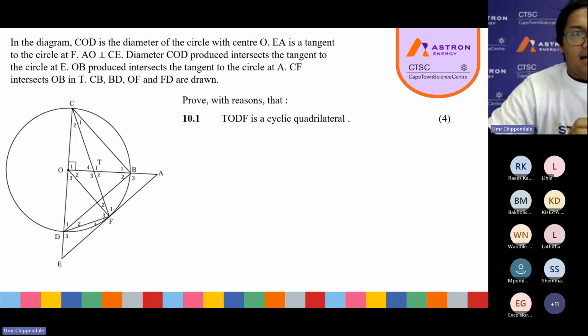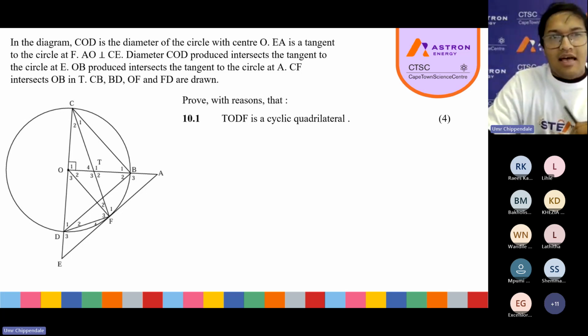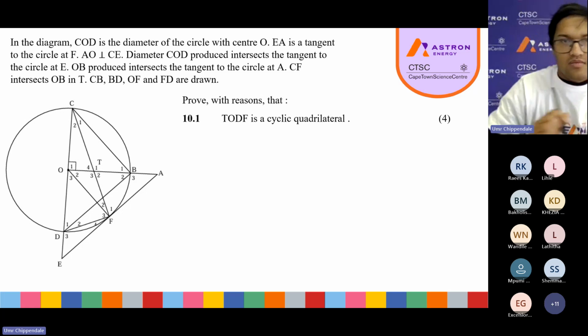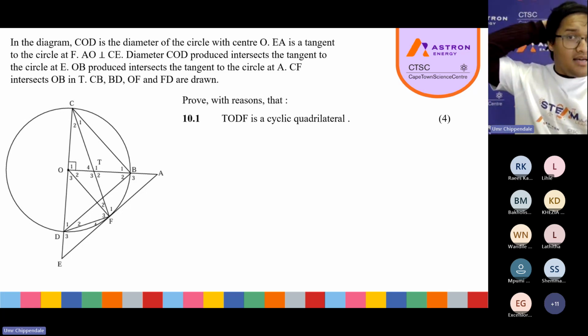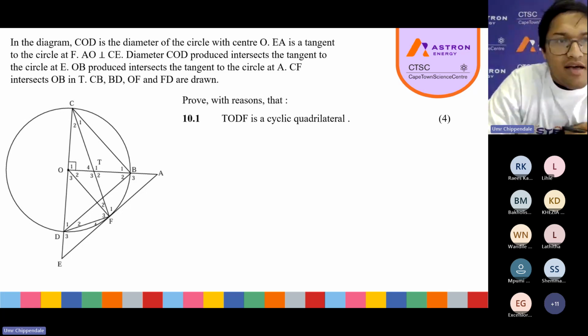So, in the diagram, COD is the diameter of the circle with center O. Right, so that's over there. EA is a tangent to the circle at F, and AO is perpendicular to CE. The diameter COD produced intersects with the tangent to the circle at E. That is OB.